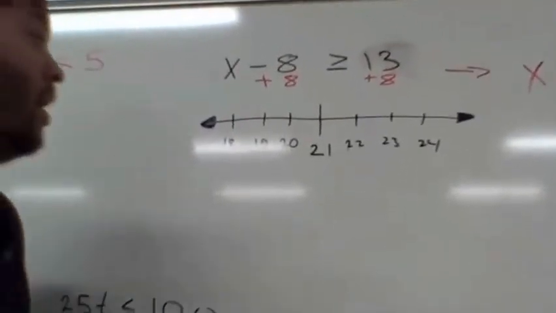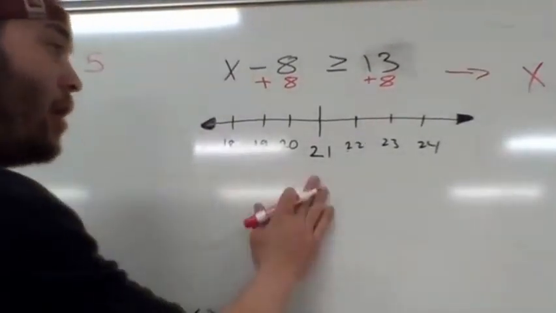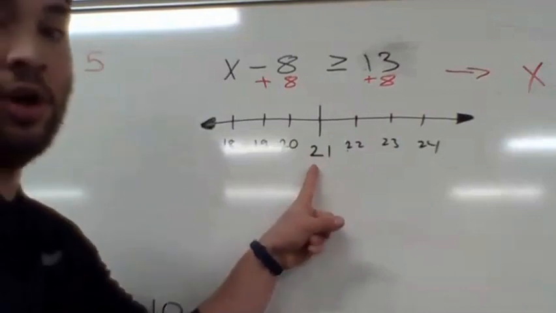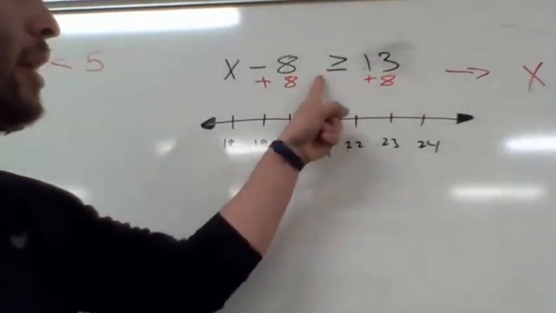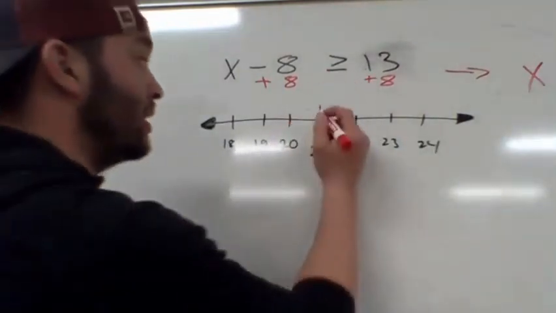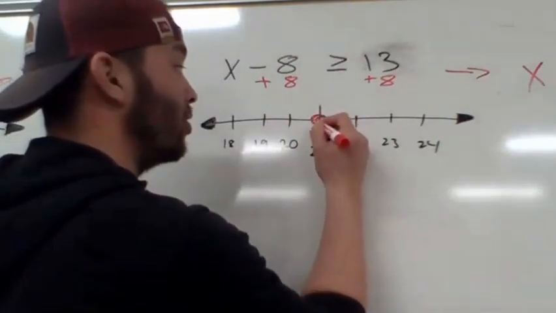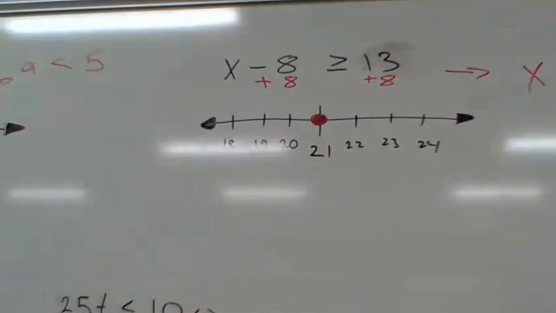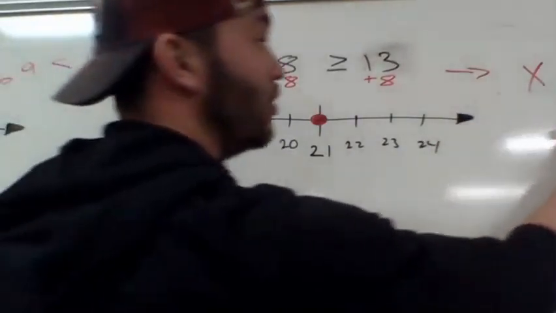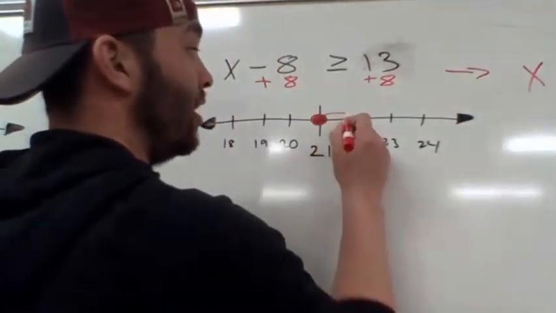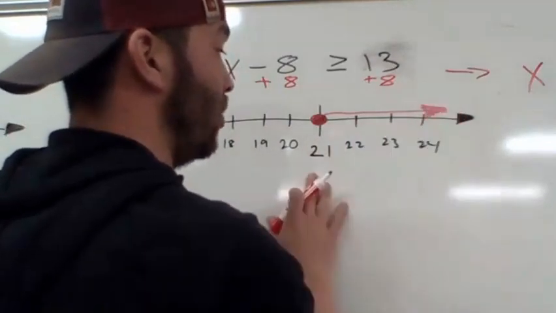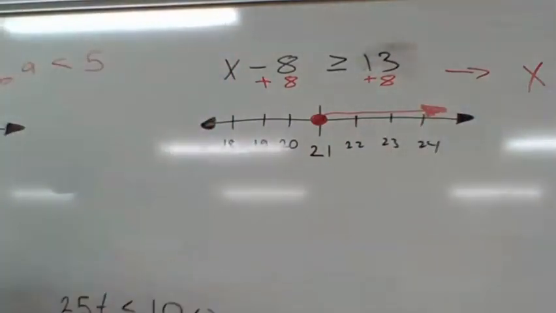All right. So from there, now I can graph this. I locate 21. 21 is right in the middle. And because this has a greater than or the equal sign right there, this is going to be a filled in circle. Correct? A filled in circle. And because x is greater than 21, this arrow goes to the right, and everything that is bigger than 21 will be where that arrow goes.